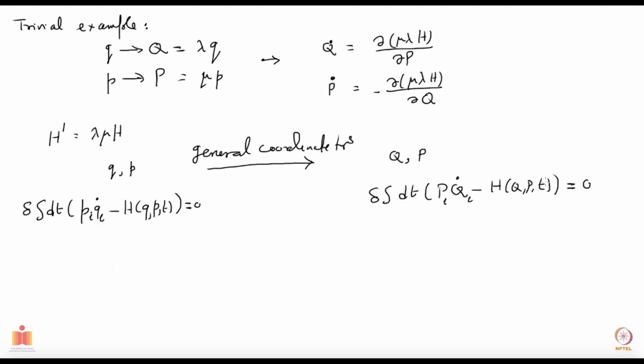So let's say this piece, let me see which sign I want to use. The two integrands here, this piece and that piece, if they are related by a total derivative, then you immediately see that the equations of motion will be in the canonical form.